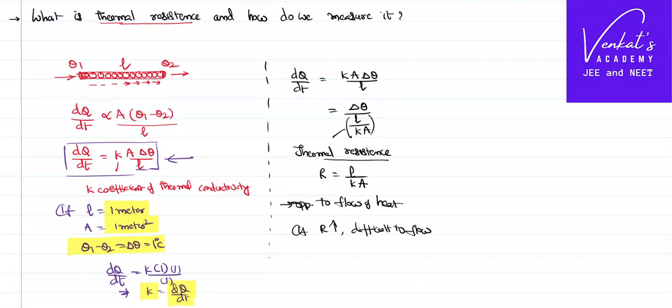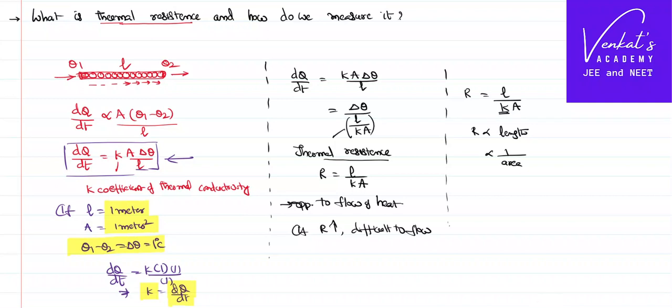So if you notice, thermal resistance equals L by K A. Of course, K is a proportionality constant. Thermal resistance is directly proportional to the length of the wire, rod or solid material. The more the length, the more the thermal resistance. It is inversely proportional to the area of cross section.